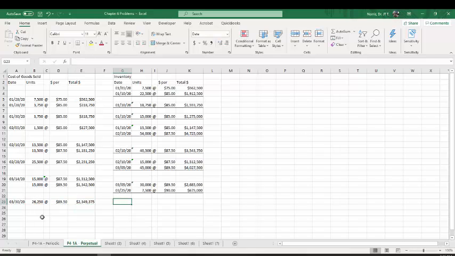That leaves us from the March 5th inventory, we had 30,000. We've sold 26,250. We have 3,750 left over that cost us $89.50 a piece.